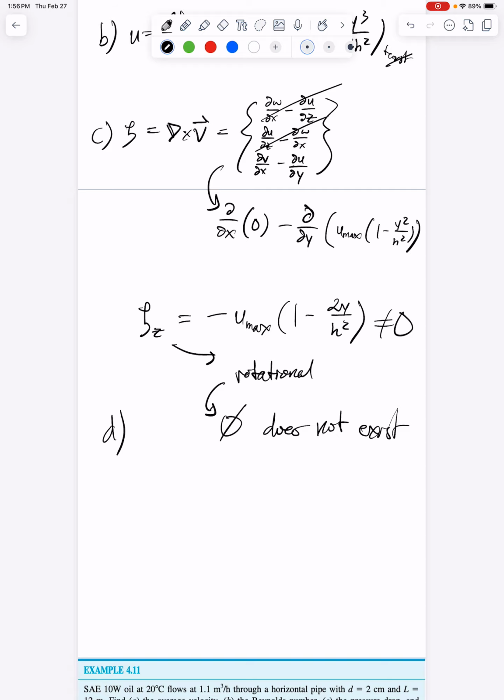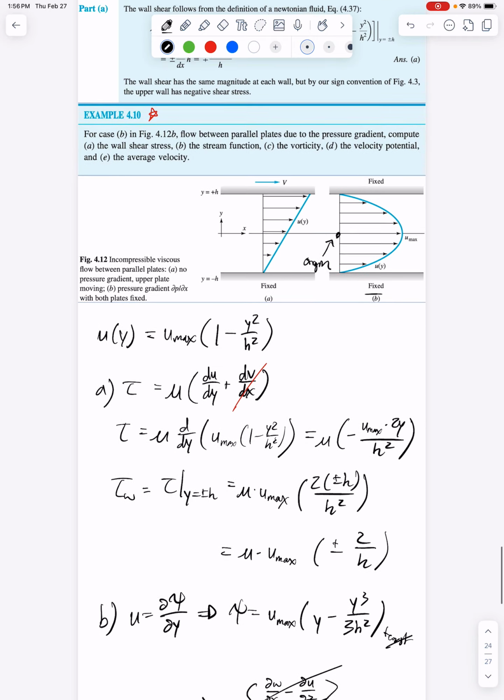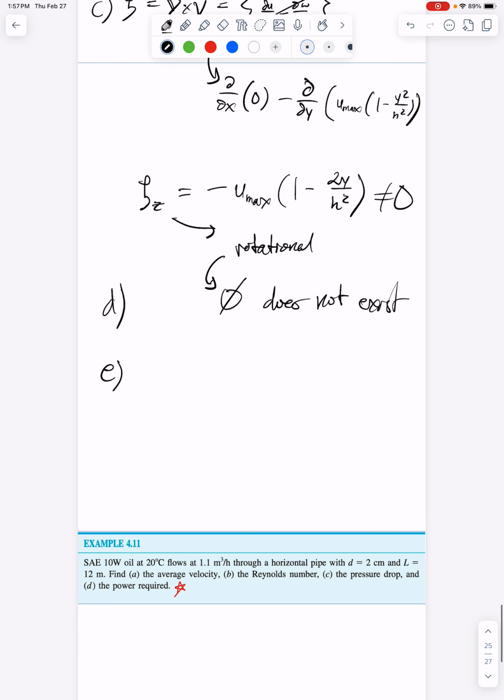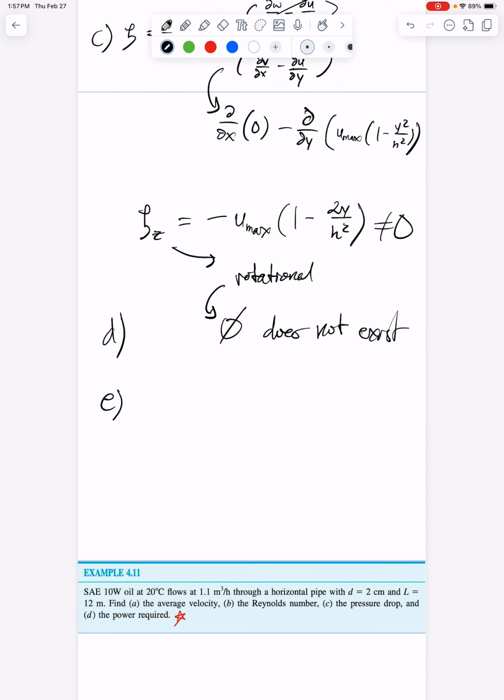Last part, E. E asks us to solve for average velocity. So, obviously, we're working with a parabolic velocity distribution, so velocities at different locations get different velocities. To solve for the average velocity, we can integrate via the following.